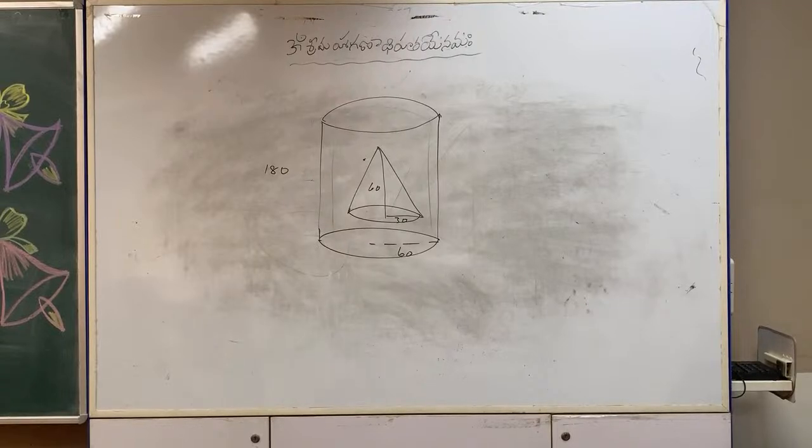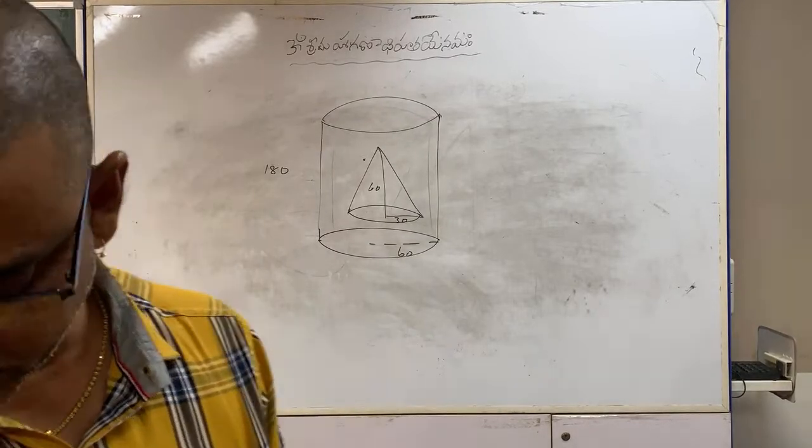Fast. 1.98 meter cube. 1.98 meter cube, if all the dimensions are given in meters.